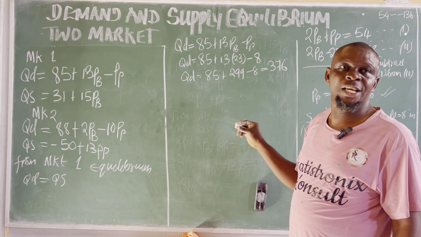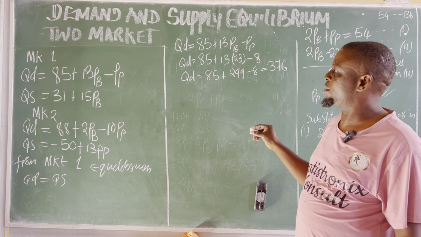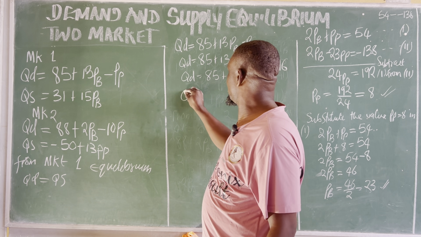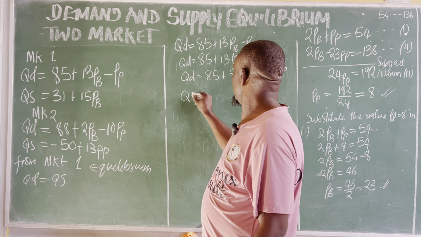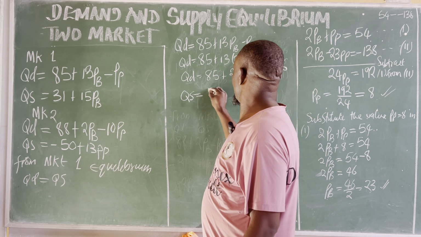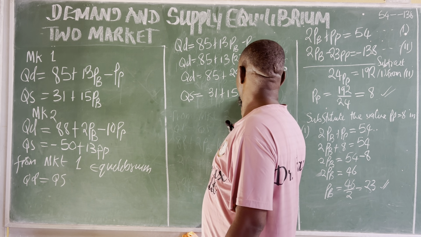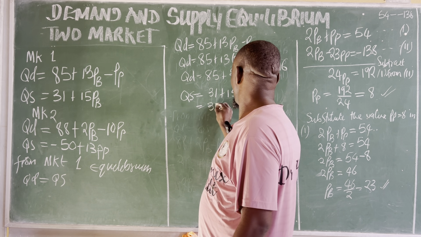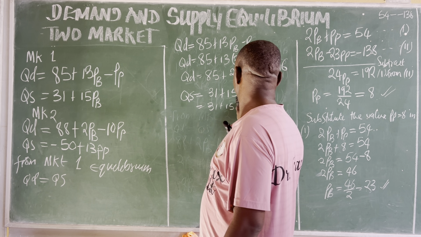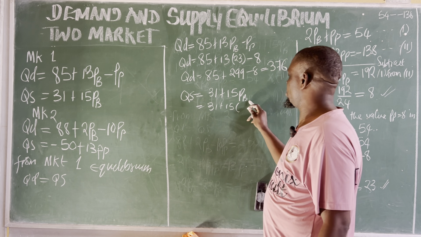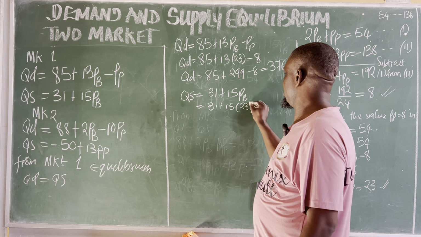going to give you 376. Now, let's look at the quantity supplied in the first market. So QS in the first market is equal to 31 plus 15PB, and that will be equal to 31 plus 15 times our PB, which we computed as 23.